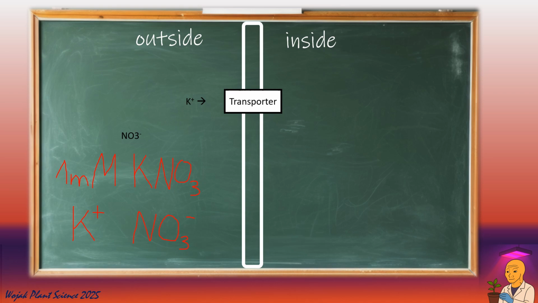And think that the transporter is able to transport potassium, and it goes through the transporter inside the root, okay? So what is happening then? What is happening then is you get an H plus in exchange, okay?